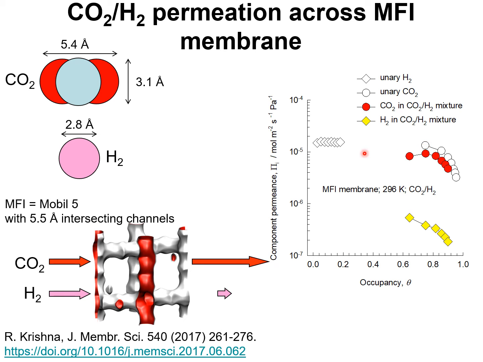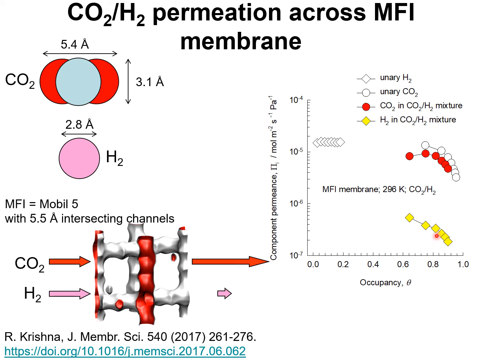On the other hand, the permeance of hydrogen for mixture permeation is about 1 to 2 orders of magnitude lower than the unary permeance. The reasons are twofold. Firstly, mixture adsorption is strongly in favor of CO2 and in disfavor of hydrogen, and that accounts for part of the lowering.